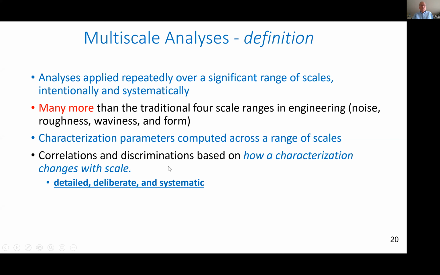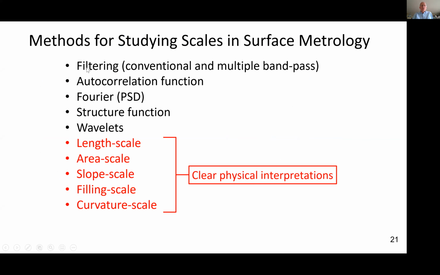Now, historically or conventionally, there are a number of multiscale things that you could use. One, you could adjust the conventional filtering to do multiple band passes. And I'll show you an example of that near the end of the talk.